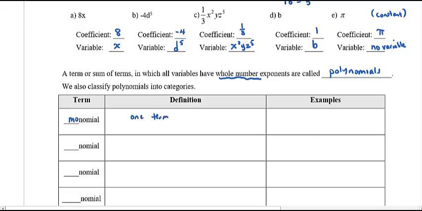An example would be 5x squared. There's something called a binomial. That, of course, is two terms. So let's do 3x squared y minus 6x. There is something called a trinomial, which is three terms.